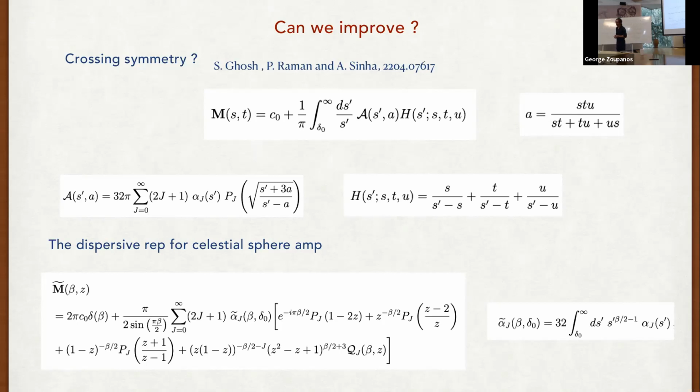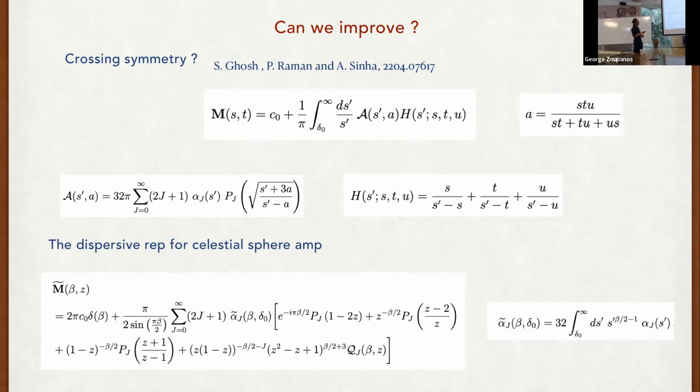On the other hand, what you can try to do is start with a representation of the amplitude that is already crossing symmetric and project it onto the celestial sphere. So I impose crossing already at the amplitude level. This was done very nicely by Sinha and his students, who use a crossing symmetric dispersion relation that represents their amplitude.